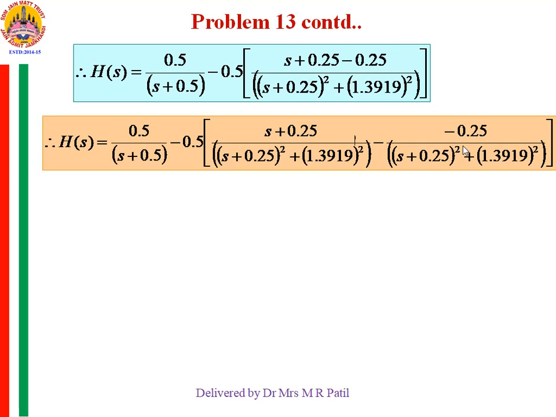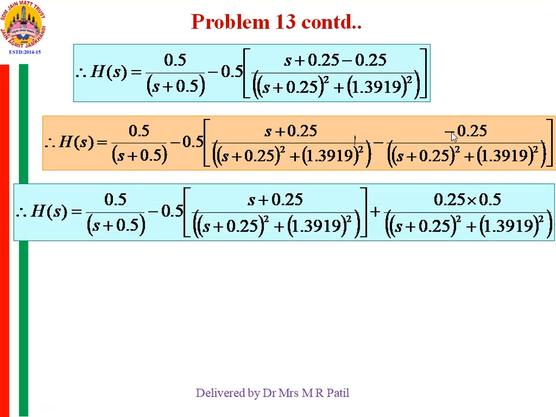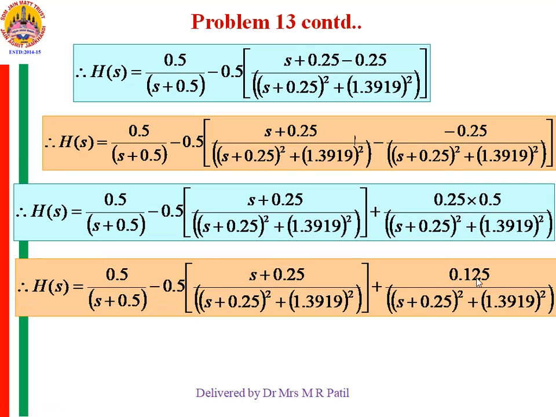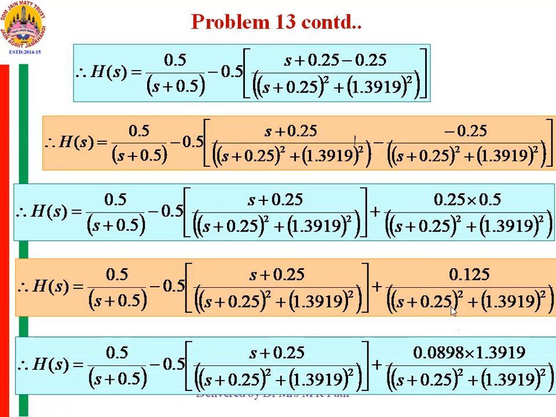Now for the sinusoidal term, what you require here is you have to adjust this term: multiply inside first with this minus 0.5, so that you will get 0.25 into 0.5, that is 0.125, and you need b in the numerator to get a sinusoidal form.